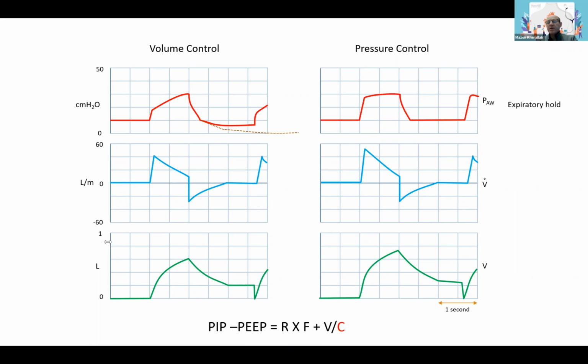Well, the problem is that now you have two contradicting interventions. You're going to decrease the PEEP to improve air leak, and you're going to increase the PEEP to prevent atelectrauma and keep the lungs open in ARDS.